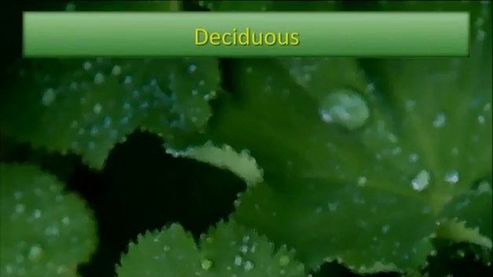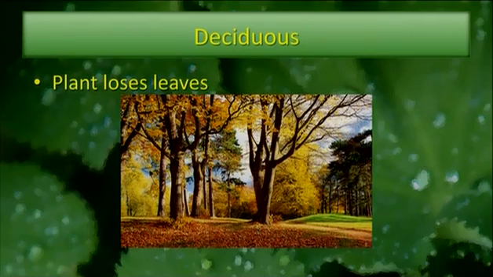Now we have some plants that are deciduous. When plants are deciduous, that means a plant loses leaves, like you see this beautiful fall coloration. So when the plant loses leaves, in some cases, like in temperate areas that have actual seasons, the chlorophyll breaks down, and then what you can see are the carotenoids, the red and the orange and the yellow and the brown.